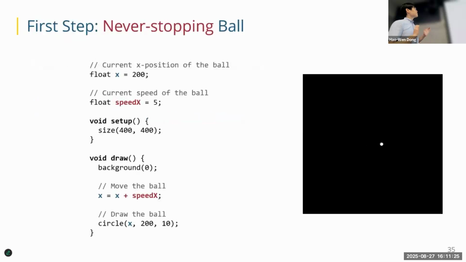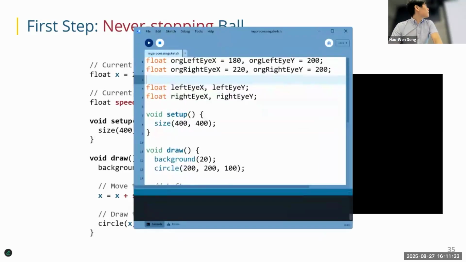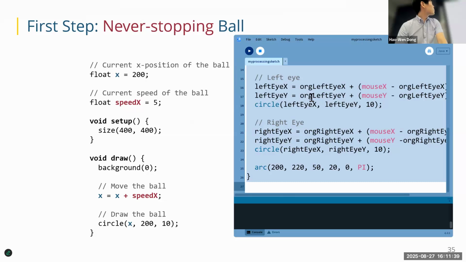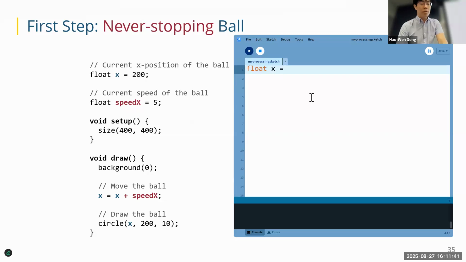So to start with, let's do this. Never stopping ball. Likely just try to copy paste that. Yep, this is a sketch. Load x equal to 100. That's where the ball started. And we will have load speed x.